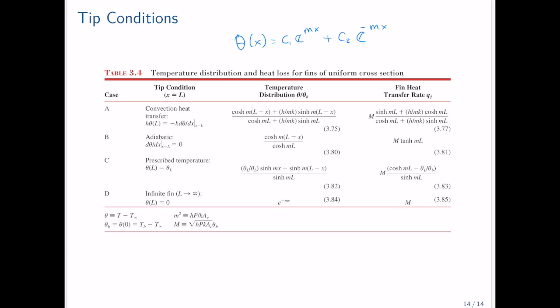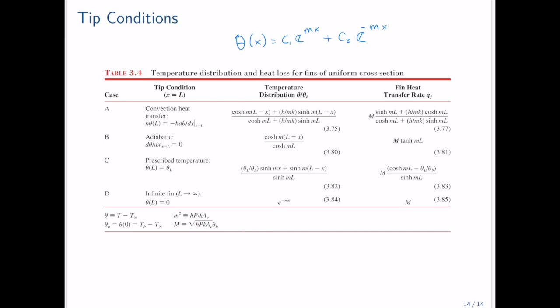Depending on the boundary condition, in the book they call it A, B, C, D case. Remember that m is defined as m squared equal to hP divided by kAc. Here they are defining another constant, uppercase M, equal to the square root of hP k Ac multiplied by theta b. So that theta b is out of the square root.